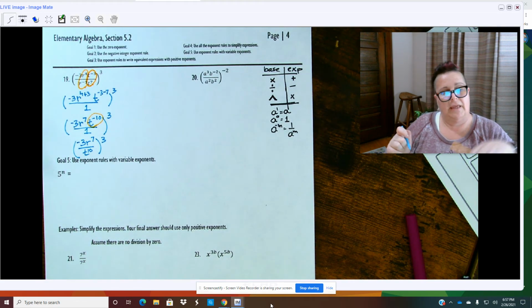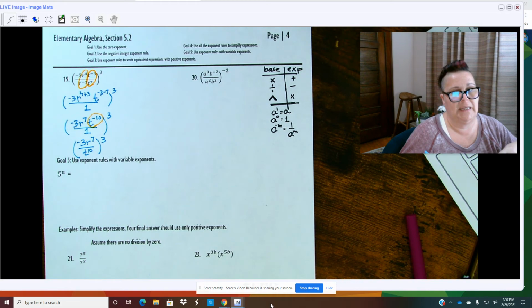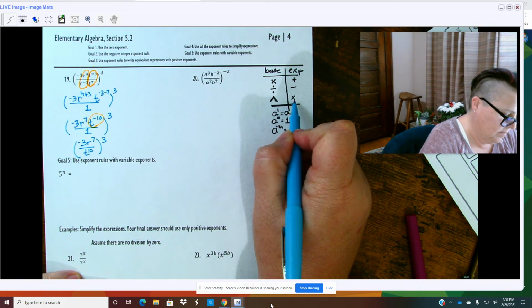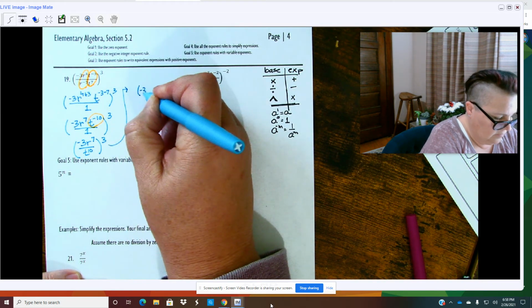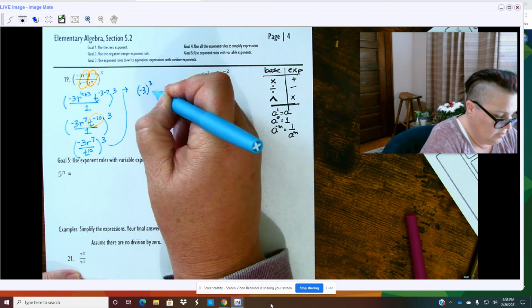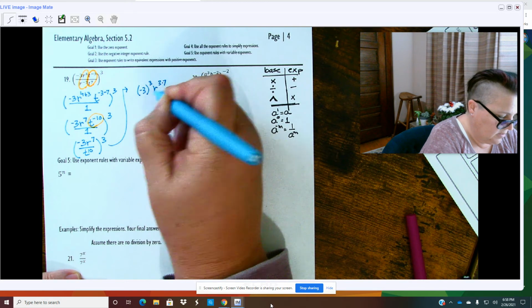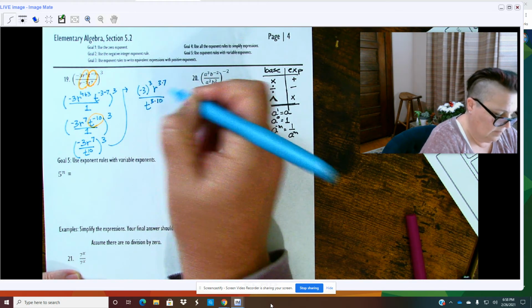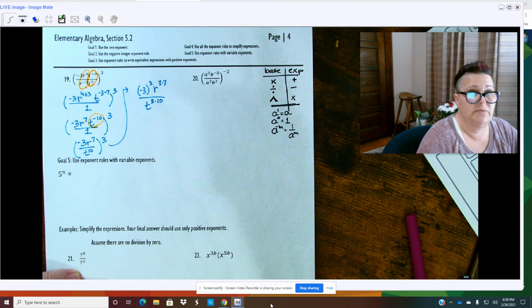Whew. Okay, so now this is the power of a quotient. So now I've got to take this power to a power and I can multiply them. So this is the same as -3 to the 3rd, r to the 3 times 7 over t to the 3 times 10. -3 to the 3rd is -3 times -3.